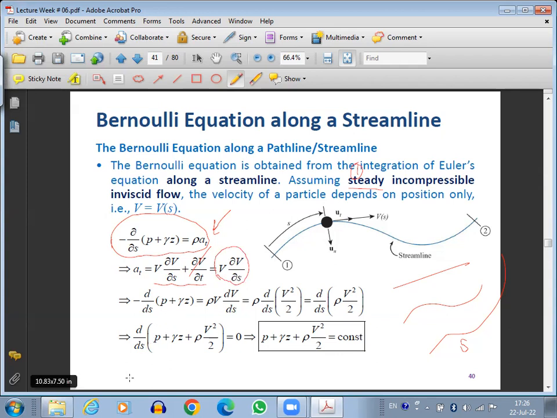From the beginning, we are actually starting from the Euler's equation. And Euler's equation was for the inviscid flow. Inviscid flow is where the viscous effects are negligible, are ignorable. And why are viscous effects ignorable? Because in the fluid layers there is no relative motion.